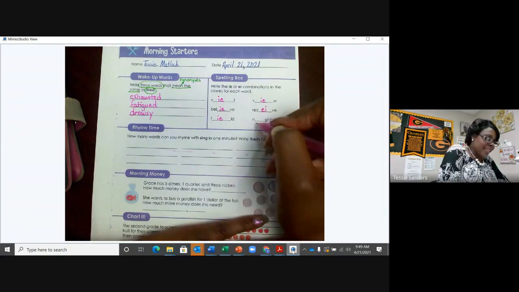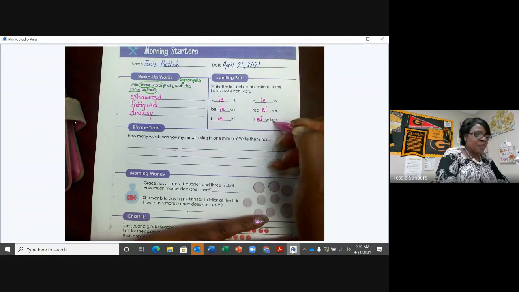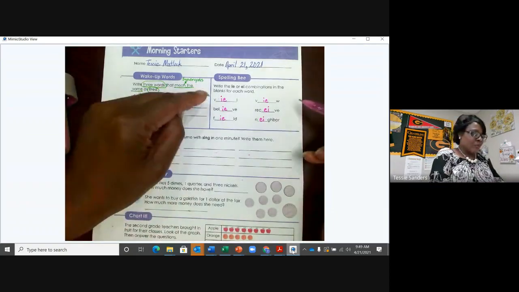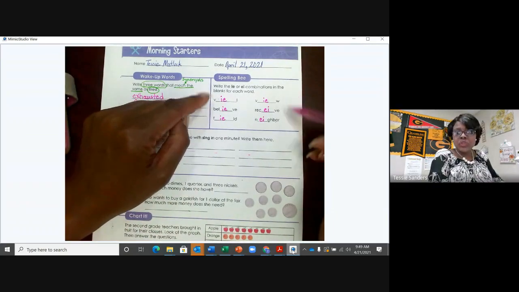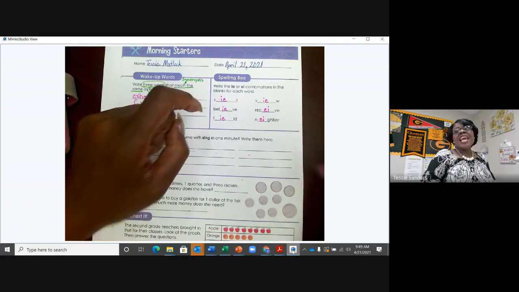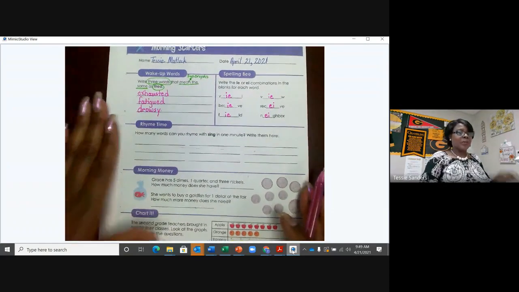It will be NEIGHBOR. So, some spelling words that you can look up, use in a sentence, and practice spelling this week, right?